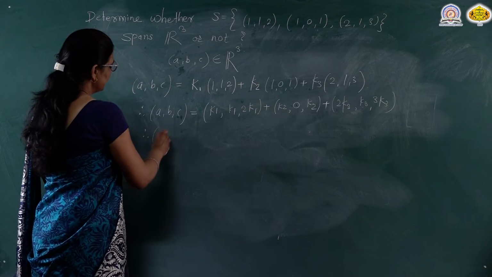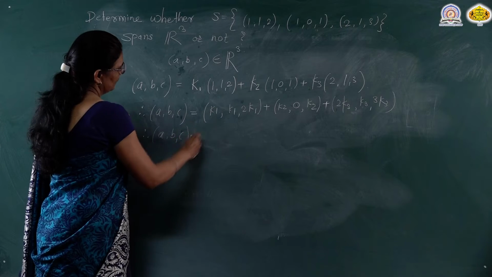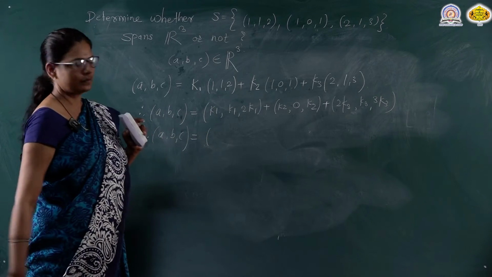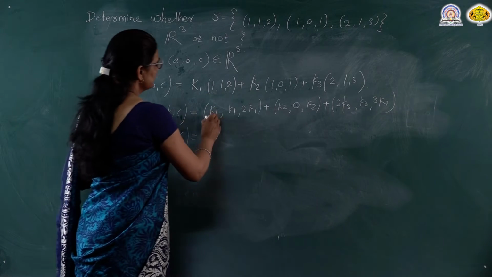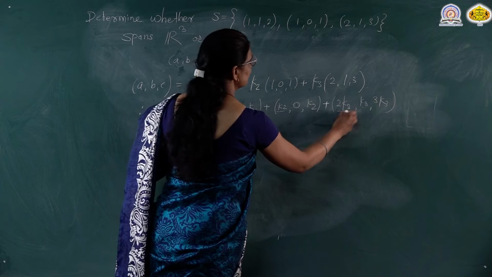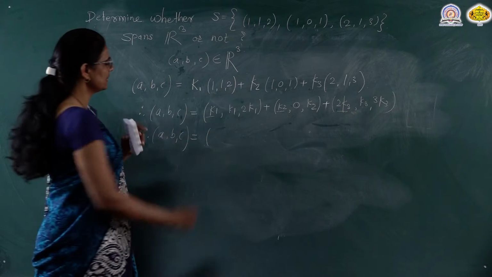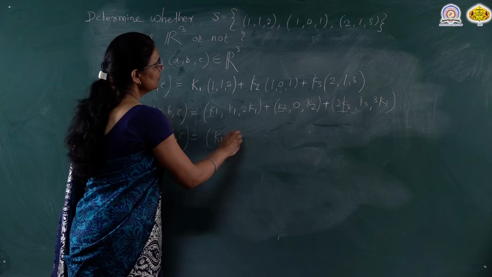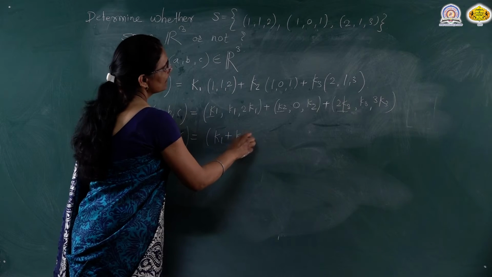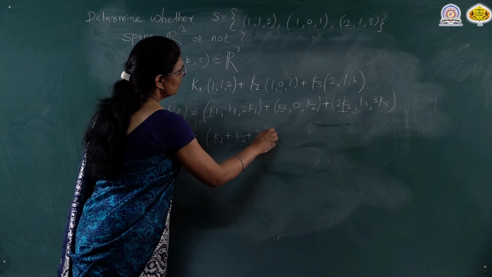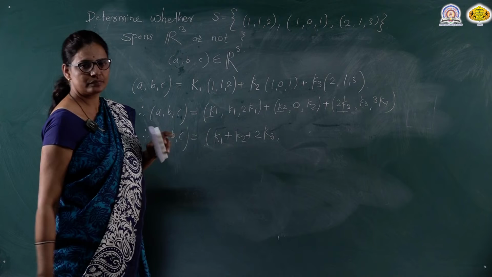The addition is a vector whose first component is the addition of all the first components of these 3 vectors, which is K1 plus K2 plus 2K3.